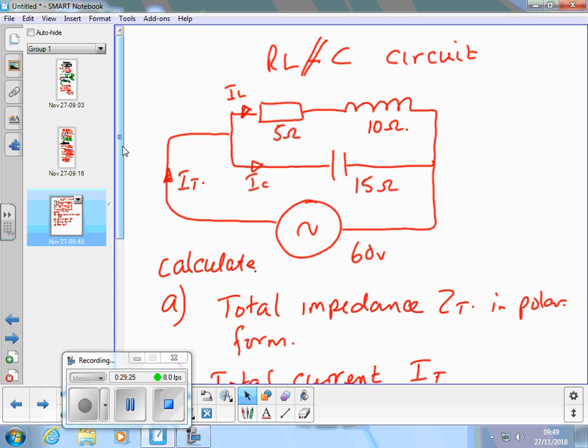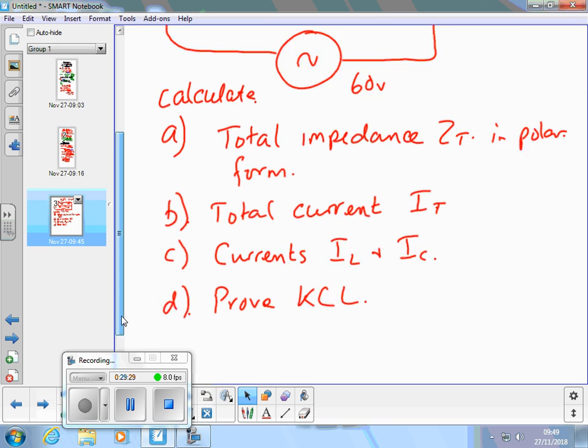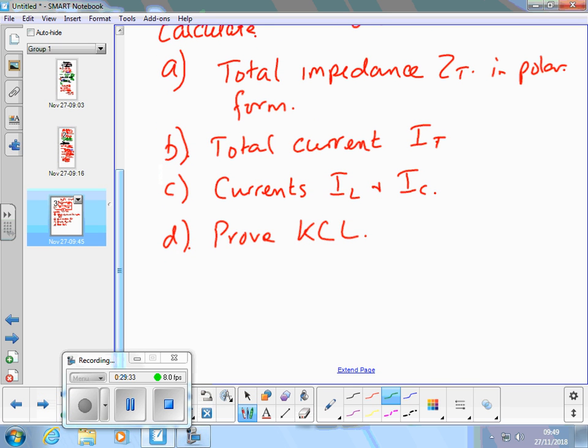Your best bet for calculating the total impedance, I'll just get you started on this: ZT is equal to, and you really need to use product over sum, the impedance of the resistor inductor in series multiplied by the impedance of the capacitor, and then down the bottom you'll have ZRL plus ZC.